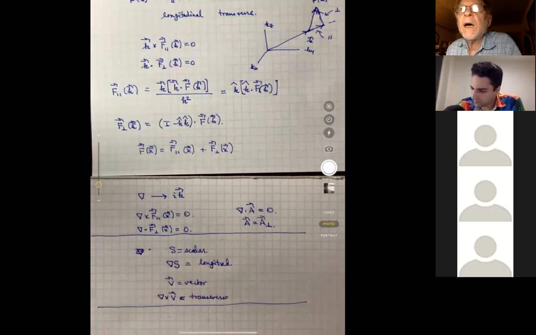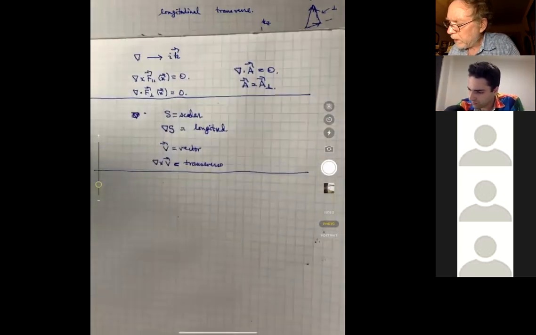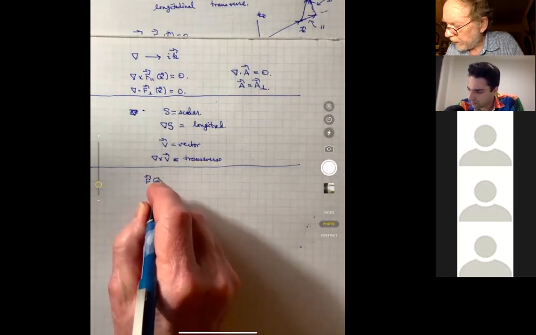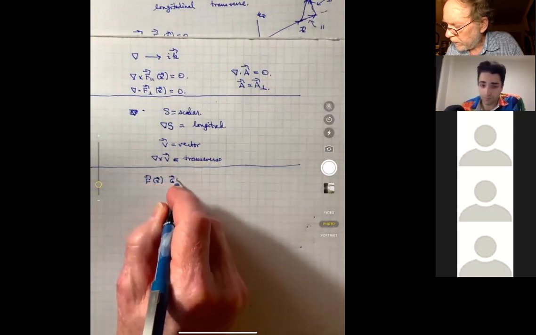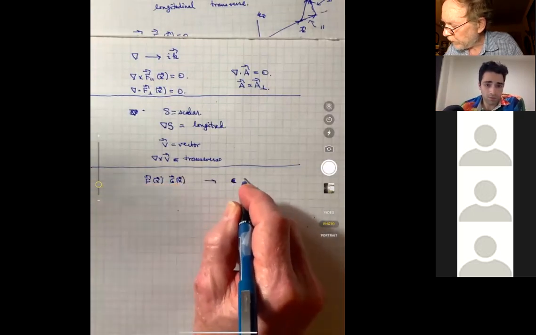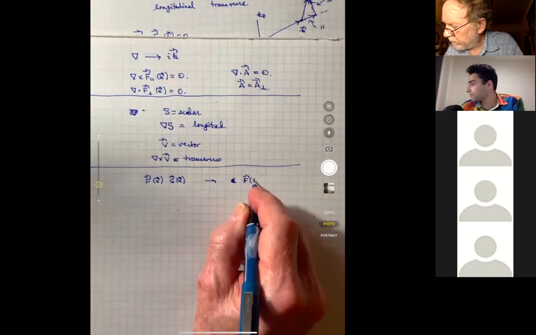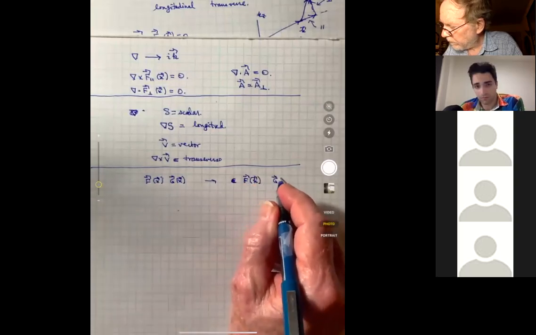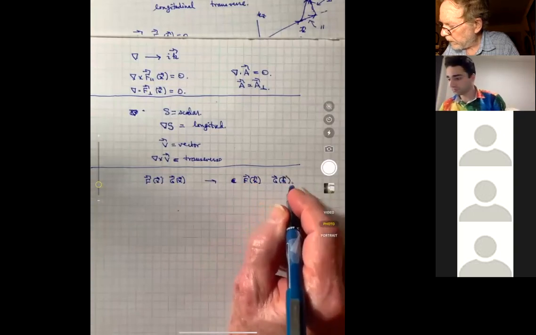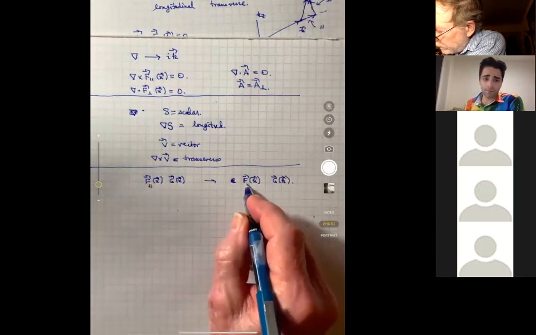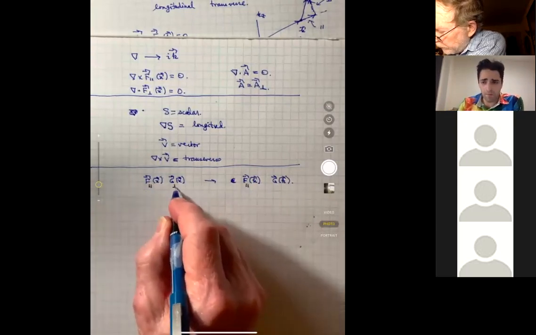I think there is just one more thing that I want to say. Let's suppose I have two vector fields, f of x and g of x, and let's suppose I convert them into their Fourier transforms, so I get f of k and g of k. Now, let's suppose that f is purely longitudinal and that g is purely transverse.